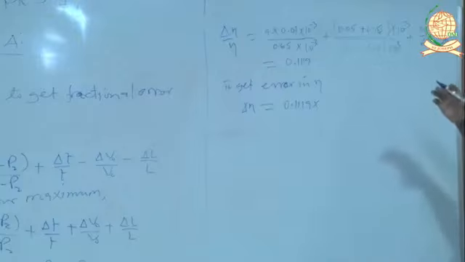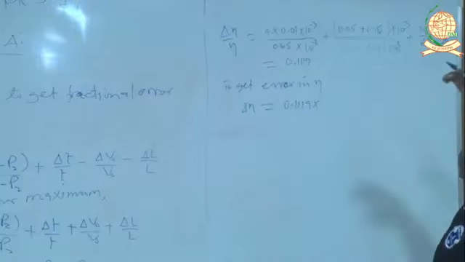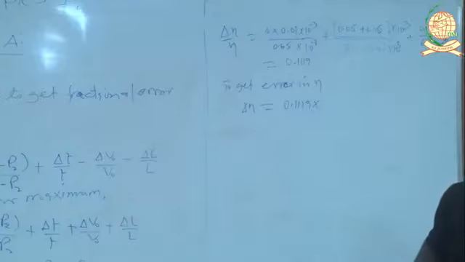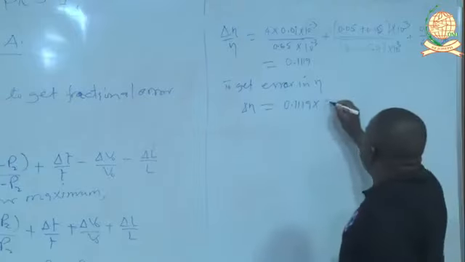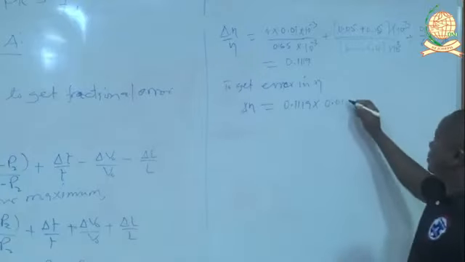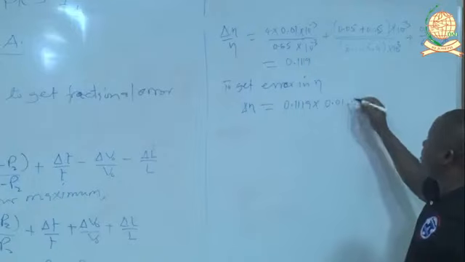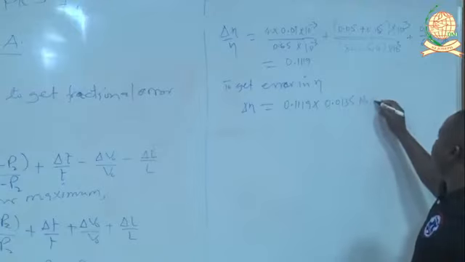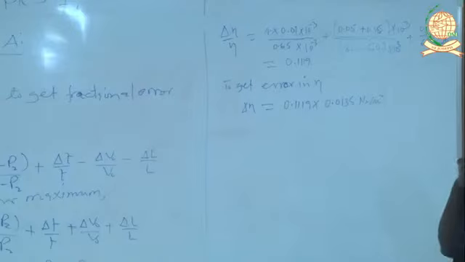Eta was calculated earlier, and its value was 0.0135. It is 0.0135, and this has the unit Newton second per meter square.